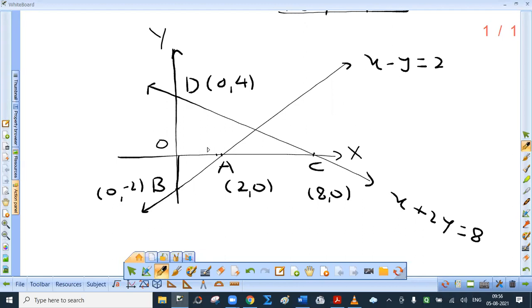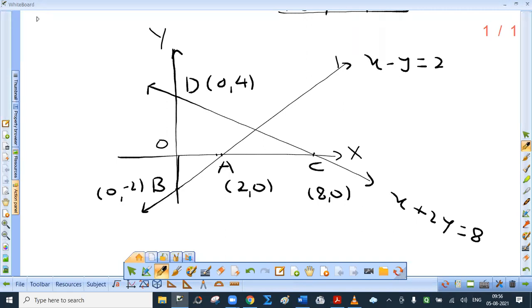And therefore, we have to consider, let me explain, origin side of this line. What about second inequation? Check for (0, 0). Is 0 less than 8? Yes. So we have to consider origin side of CD also. I repeat, origin side of line AB and origin side of line CD.